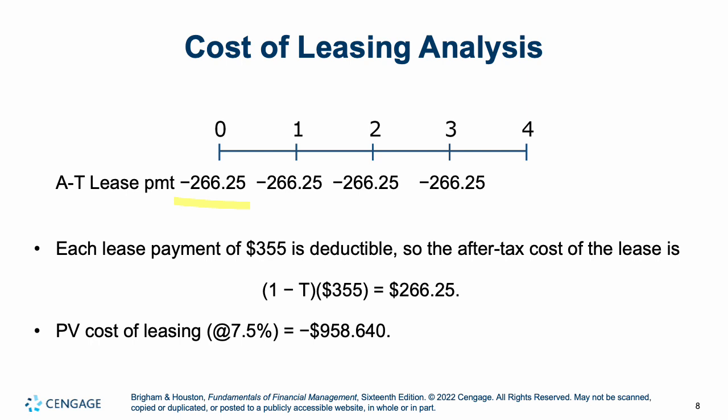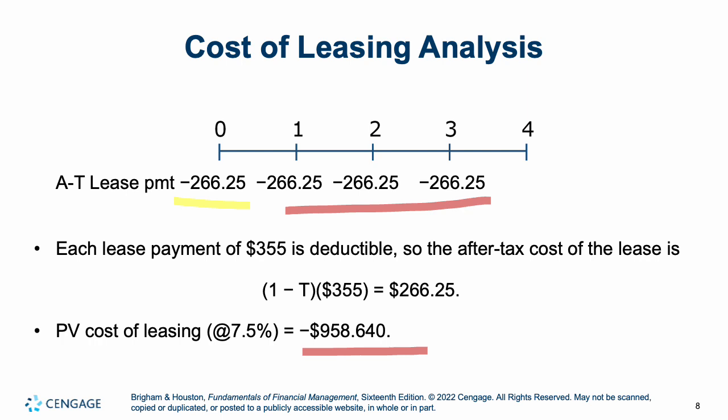We're making it today. Payments 1 through 3, those guys we have to find the present value of. So you would just find the net present value of these 3 payments and then add the negative $266.25. If you do that, you'll get $958,640.